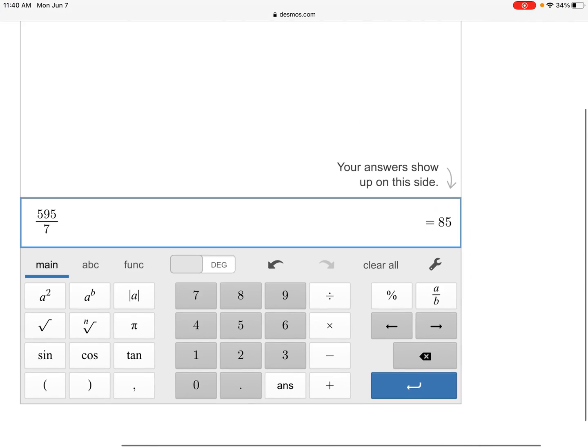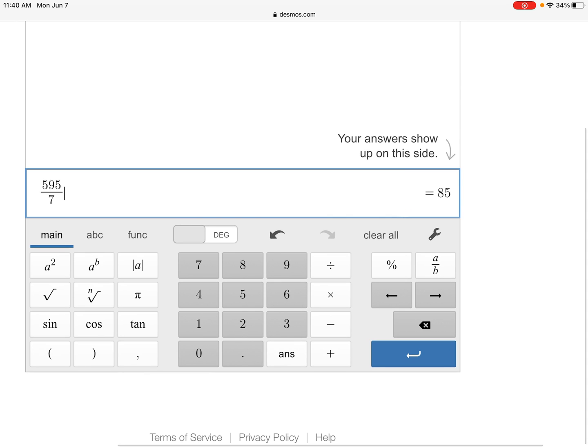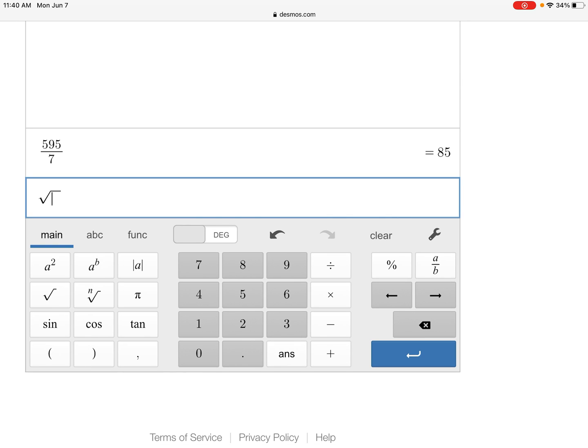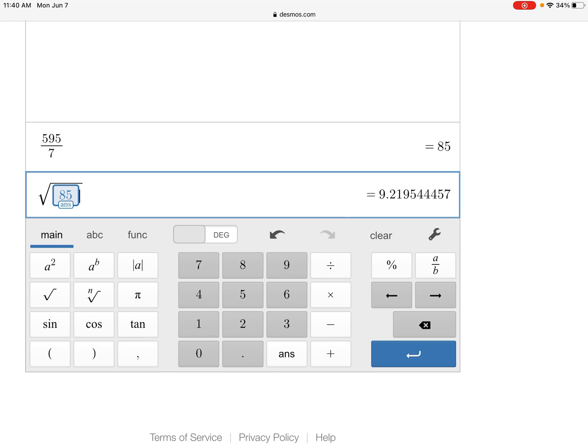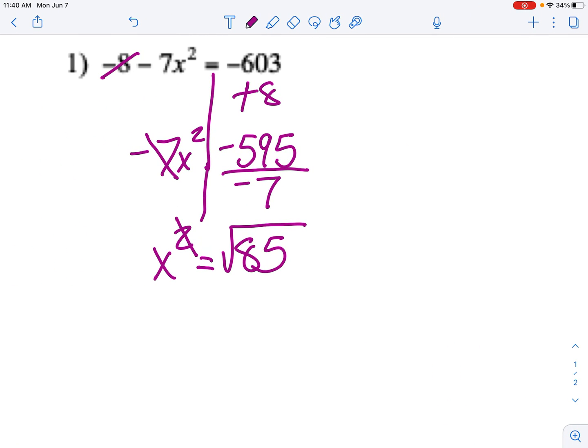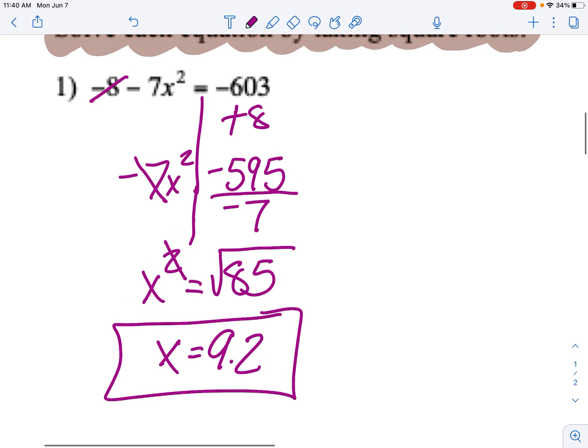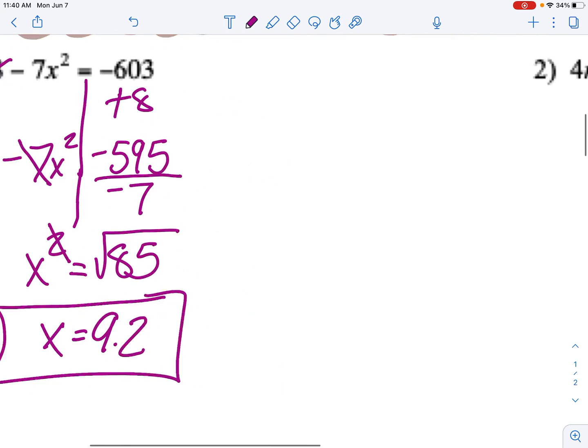So the square root of 85 is 9.2. So we get x is equal to 9.2. And there we go. That's number one, right? We're finding the square root.